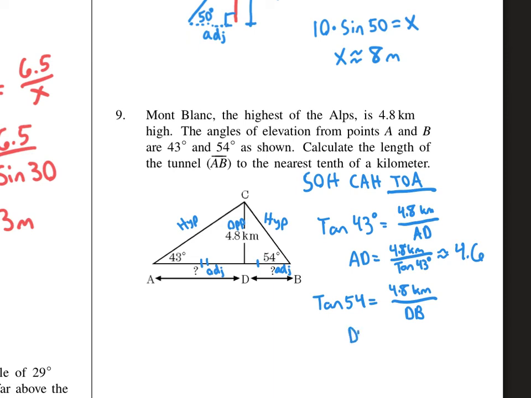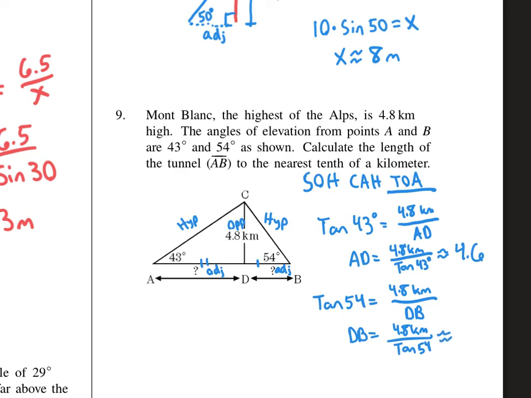So dB equals 4.8 kilometers divided by tan 54. And I got 3.487.